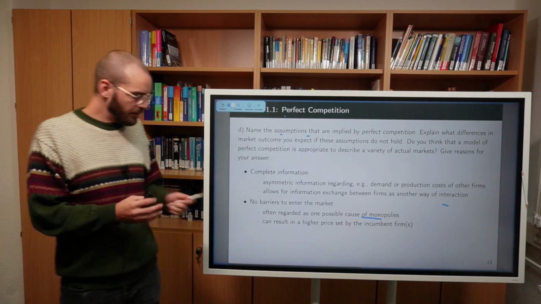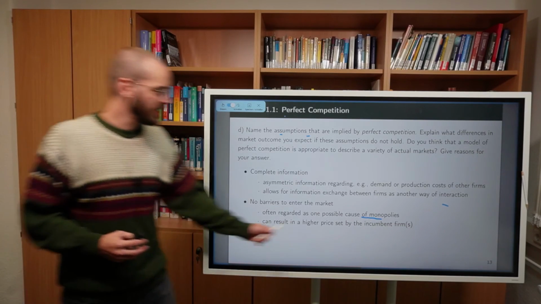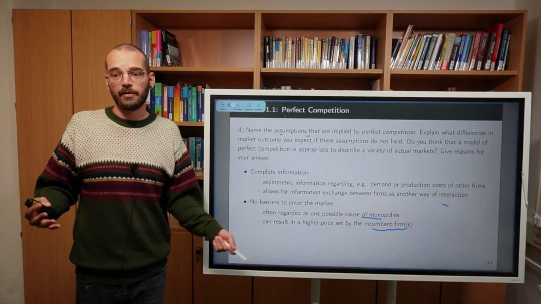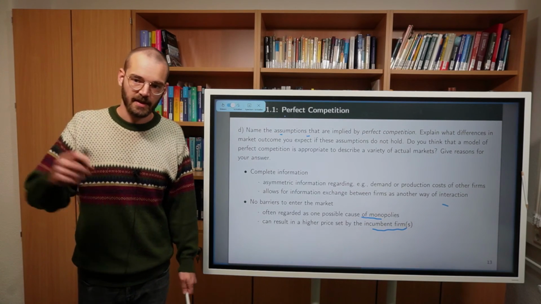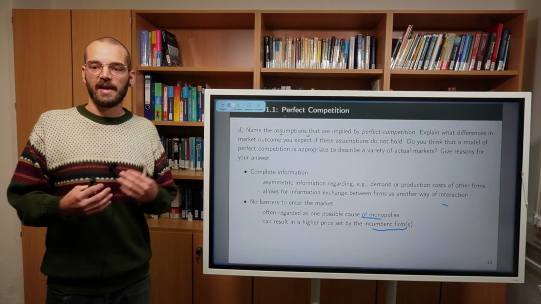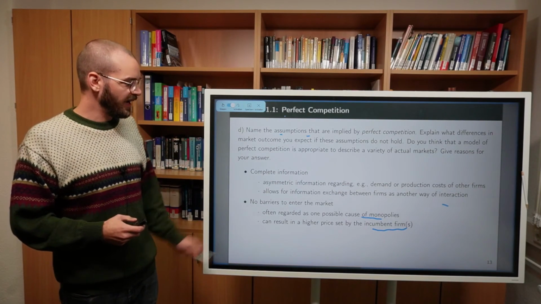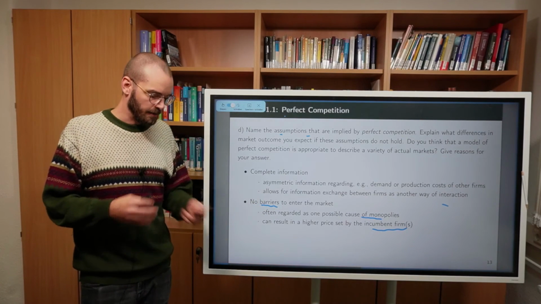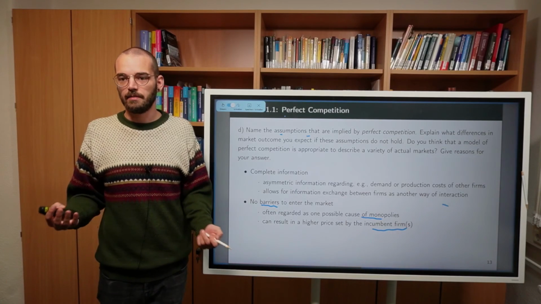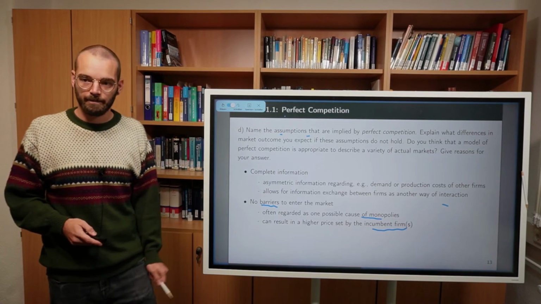And barriers to entry can result in situations where the incumbent firm, or firms, so the firms that are already active in the market, might be able to set higher prices than they would otherwise, simply because it's not that easy for an entrant firm to enter the market and participate in the positive profits that the firms already in the market are gaining.